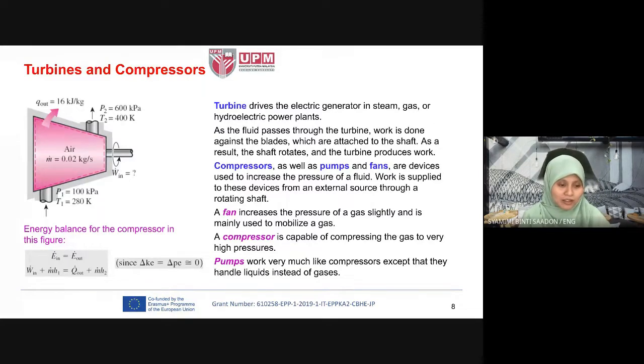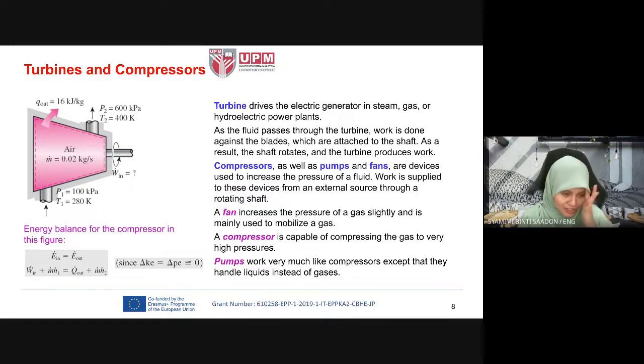So what is the energy balance of this compressor and turbine going to be? Again the general energy balance, and then we look into the process. For this turbine, actually W out, not the Q out.